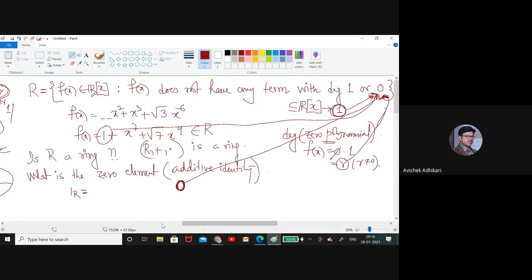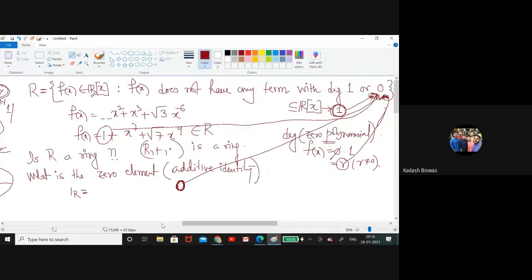Okay, is this a very difficult question? It's easy. Any ideal of this ring? So 0 is an ideal. Any non-trivial ideal of it?